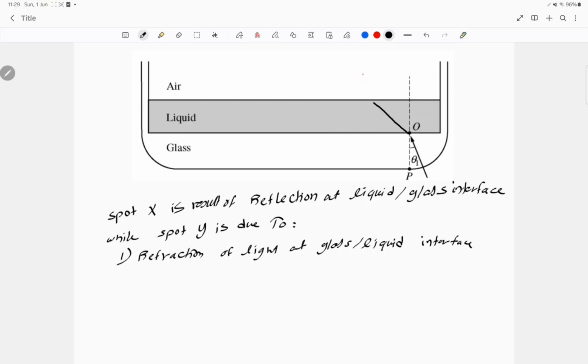So refraction, that's the first thing. As you can see, the light bent away from the normal. Number 2, reflection at the liquid air interface.